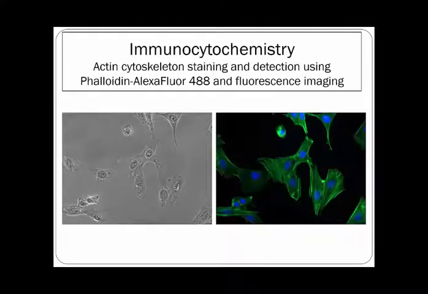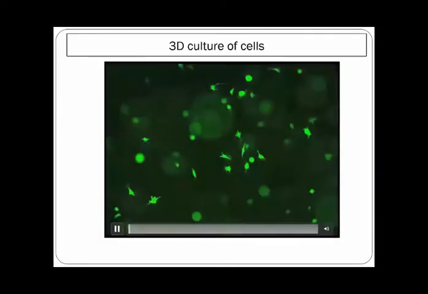Another short-term project is immunocytochemistry, where they learn how to detect a protein inside a cell. In this case, actin cytoskeleton is detected using phalloidin Alexa Fluor 488 and detected by fluorescence imaging. Students also get to do 3D culture.